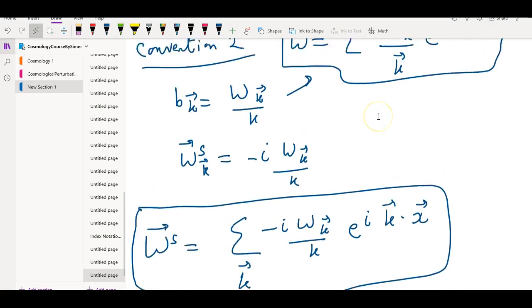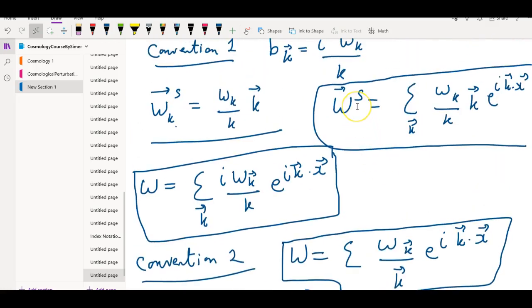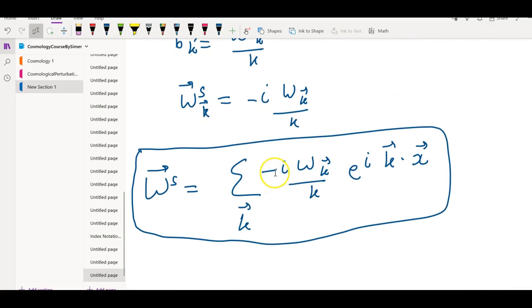So the only difference here, if you compare the potentials of convention 1 and convention 2, is that of the phase. Here we have iota and here we don't have iota. Similarly, if you look at the expansion of the scalar WS, here we don't have iota in convention 1. In convention 2, we have minus iota.